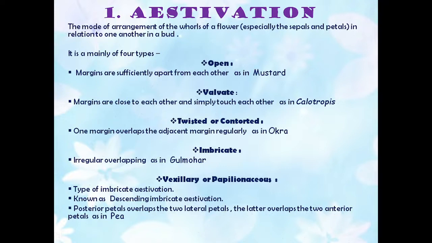But in both these cases, the similarity is that both are together, they are not overlapping each other, they are the simple arrangement. Okay, mainly four types, so you don't consider the open, but here I have given you for the reference so that you can understand the difference. So open, valvate, twisted or contorted, imbricate, vexillary or papilionaceous. However, five types. Let's take it as five types.